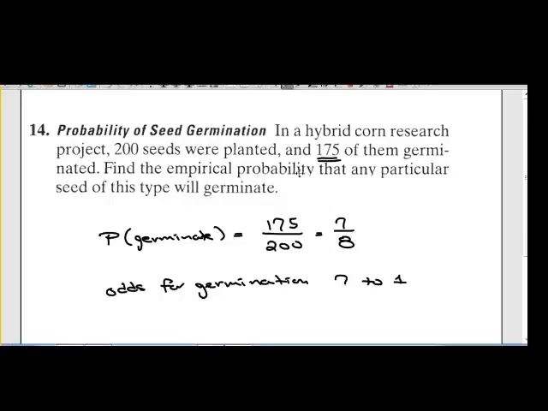And we've planted a lot of seeds, so the law of large numbers says that our empirical probability is close to the theoretical probability. What does theoretical probability mean? It just means that whatever mechanisms cause the seed to germinate or not, it's just like radioactive decay.